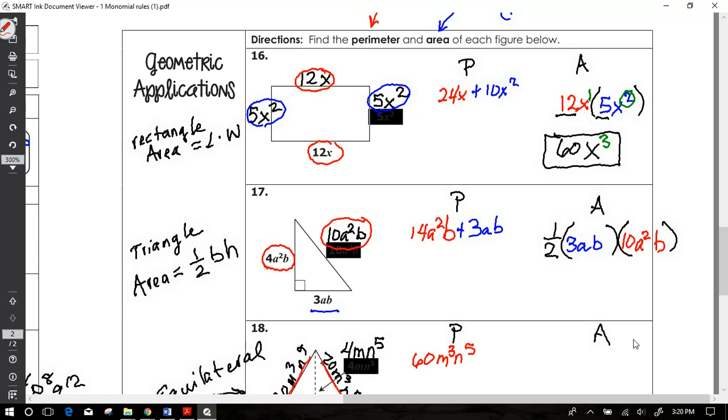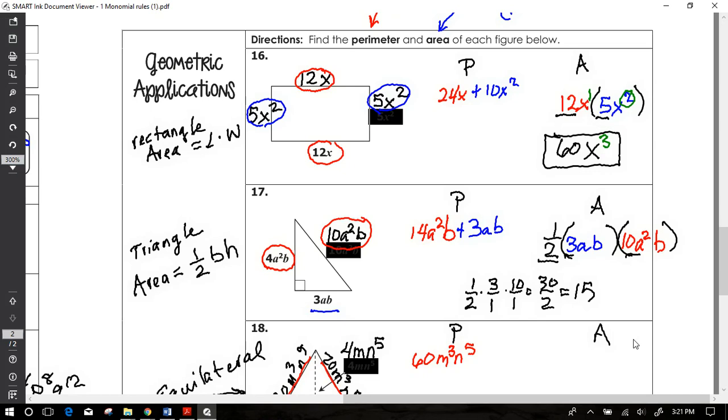Okay, so what we can do is start out by multiplying these numbers in front. So you can multiply them in any order that you want to, or you could do them all at the same time. So 1/2 times 3/1 times 10/1 gives me 30 on top and 2 on bottom, which equals 15. Okay, so that's sort of my scratch work for multiplying my three numbers.